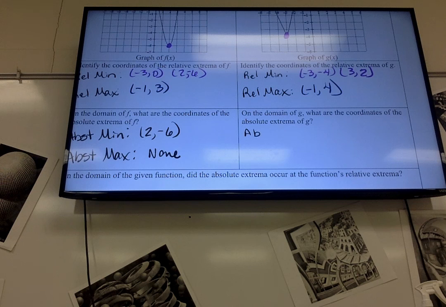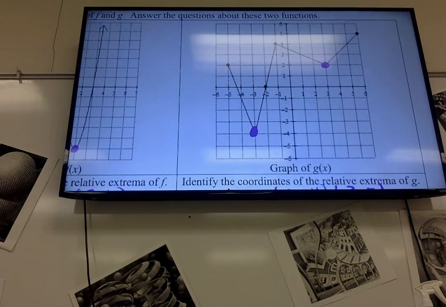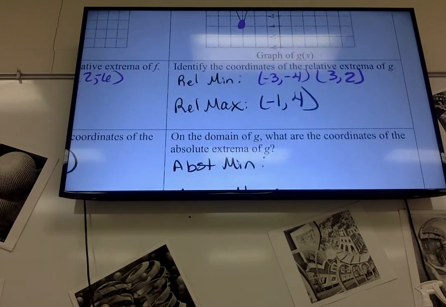Absolute extrema. Okay, so looking at this graph, what is the lowest point period? Yep, (-3, -4).